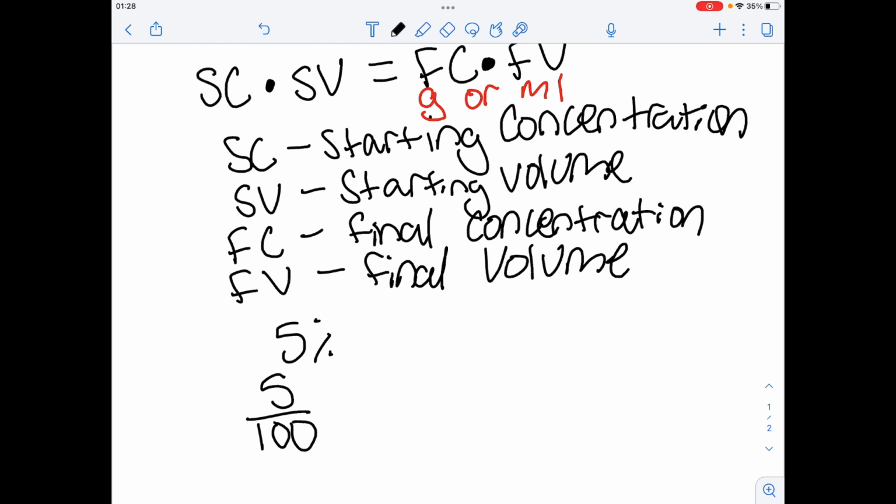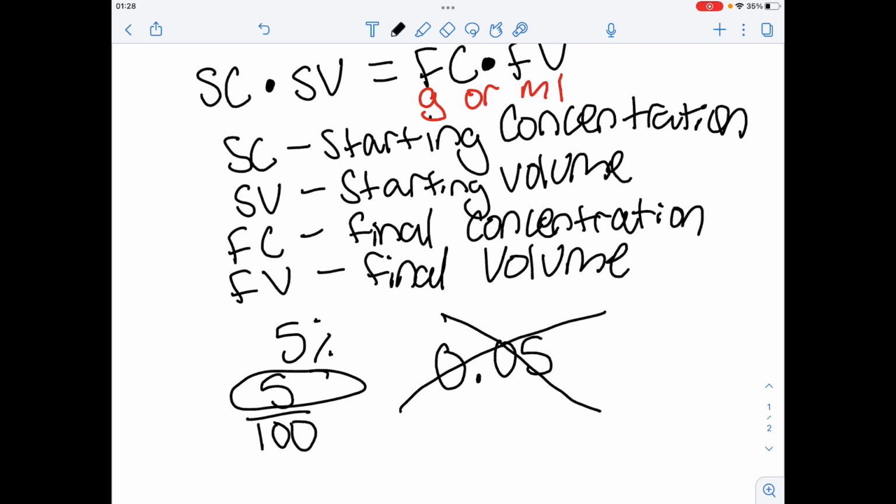And we know that our concentration is looking at these parts of a whole. So that's why we can write our concentration simply by adding in that percent. We don't need to make it a decimal like we normally would make our percents. 5% could be written as 0.05. We don't have to do that. We're simply writing in our parts of a whole, or 5.